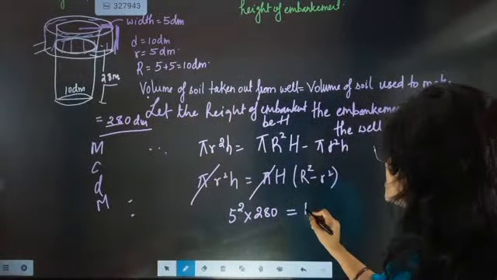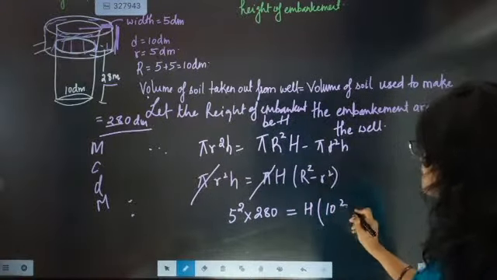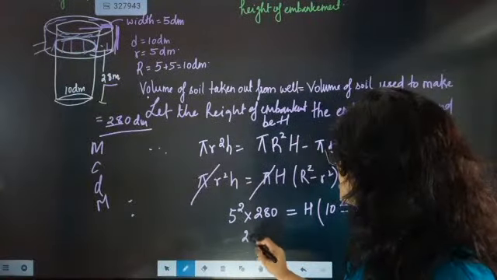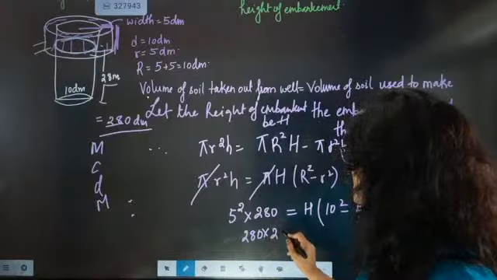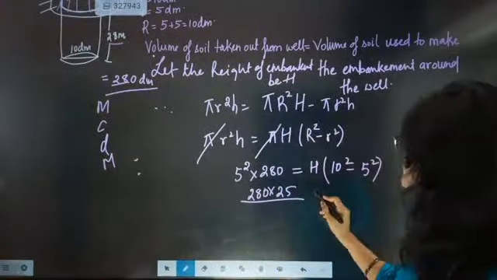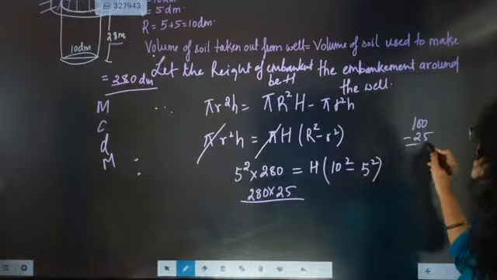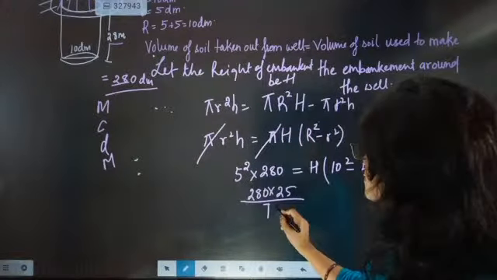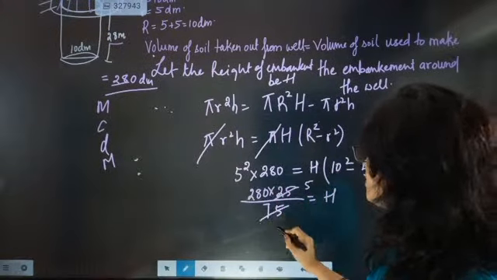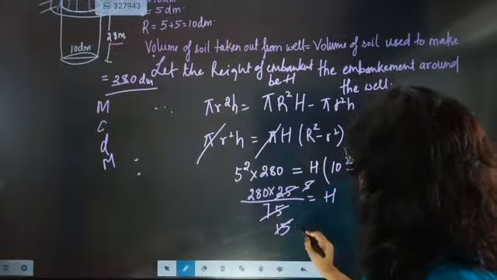Now capital R is 10, so 10 square minus 5 square. So it is going to come as 280 into 25 by 100 minus 25. 100 minus 25 will become 75 equal to H. So 5 5s are 25, 5 1s are 5, 5 5s are 25, 5 3s are 15.